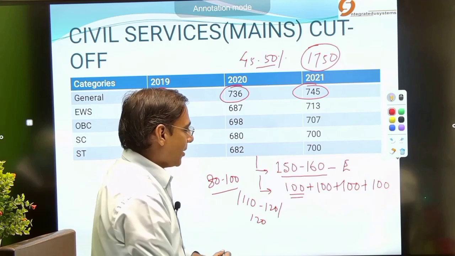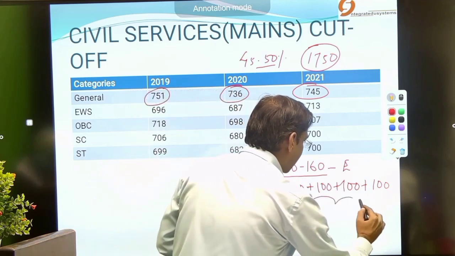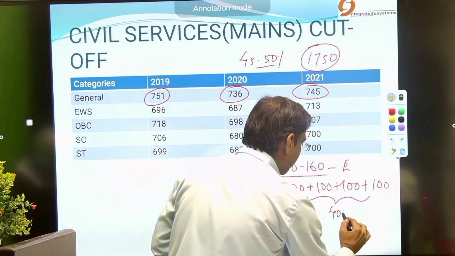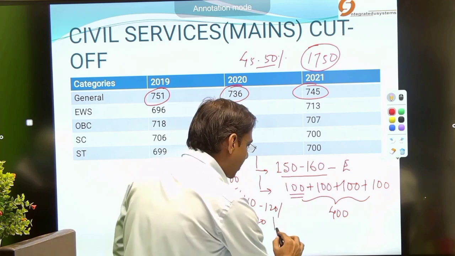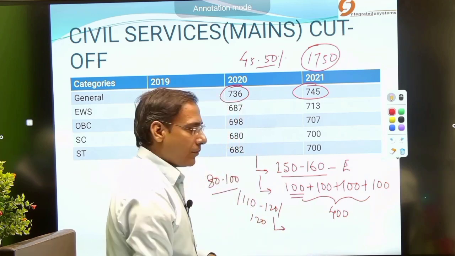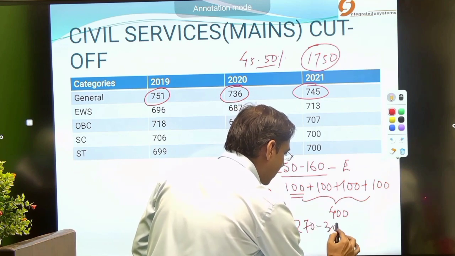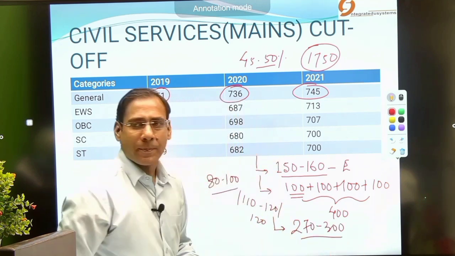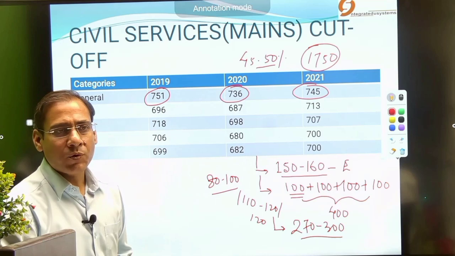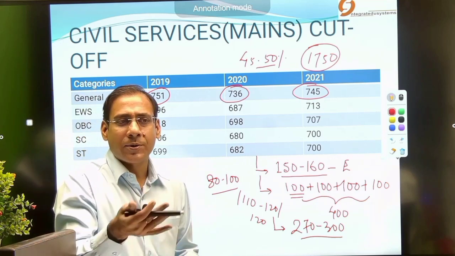Now, if you are able to manage 400 marks here, and in the optional paper, if you are able to achieve 270 to 300 marks, which again is not quite easy. Very few candidates cross 300 marks.